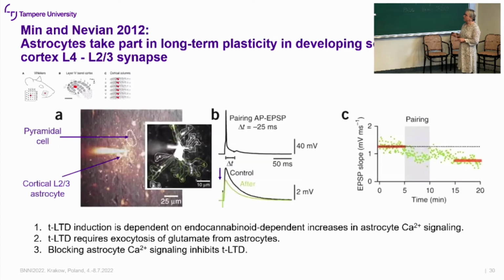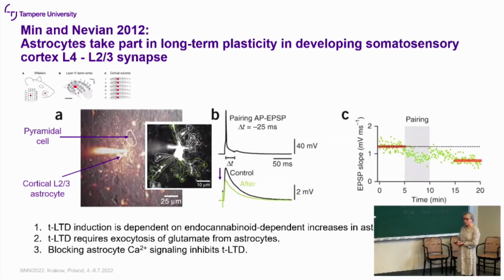At the same time, there are studies, for example Min and Nevian in 2012, where they showed that astrocytes take part in long-term plasticity in the developing somatosensory cortex layer 4 to layer 2-3 synapse. They were recording from pyramidal cells and also visualized cortical astrocytes, and like you saw, they visualized how calcium activates in the soma and processes.